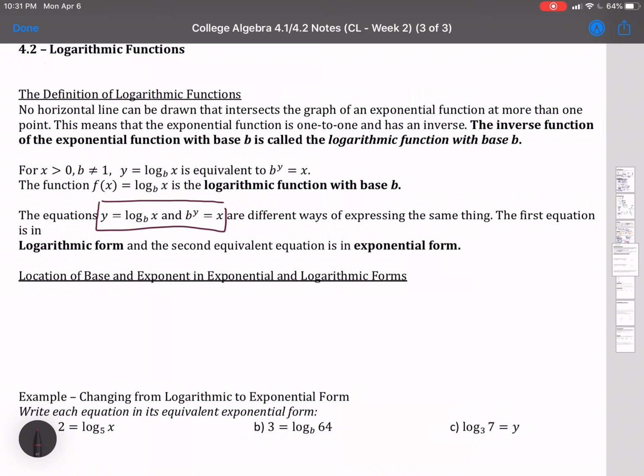are the same. The first equation is in logarithmic form, so we have a log, that's the easiest way to remember it. The second equivalent equation is in exponential form, so the easiest way to remember it is that you have an exponent. Looking at the location of the base and the exponent in each form, when we look at y equals log base b of x, the b is our base, and the y is our exponent.